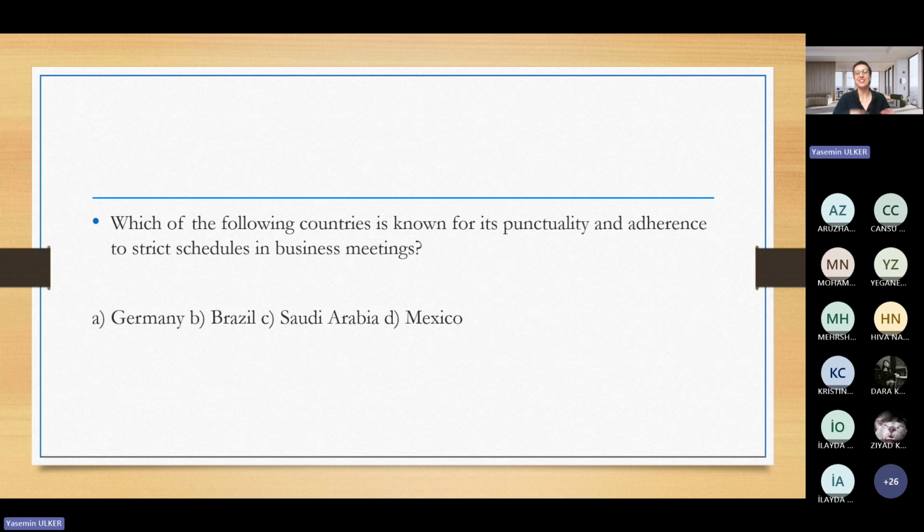I changed the question. I said that the answer, as we know, is Germany. They are known for punctuality. But let's say in Europe, there is some country also very well known for going late to the meeting, really late, and it's accepted there in Europe.